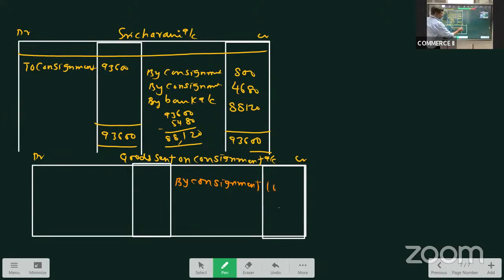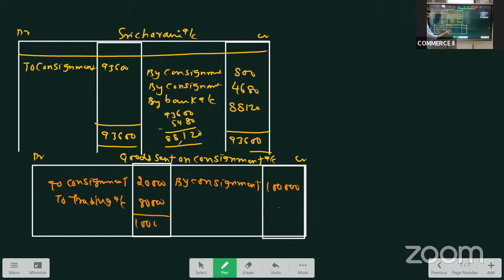So that 1 lakh will come on the credit side of GSC. And on the debit side also, to consignment, it is 20,000. So 1 lakh minus 20, that is 80,000 to trading account.